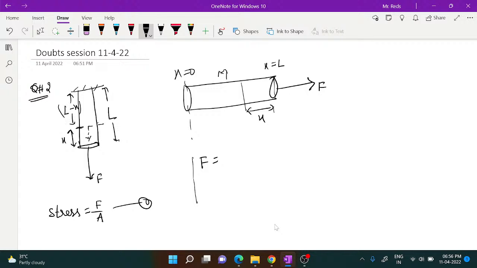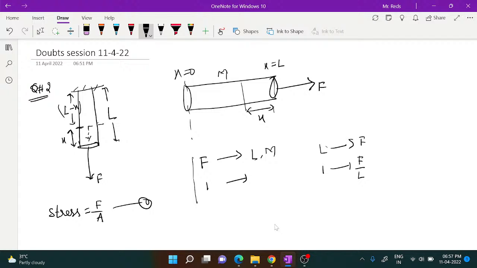Then on this we can understand the stress. For the total rod having mass M, the force is F. Force per unit length: on L length, force F is acting, so on unit length it is F by L.